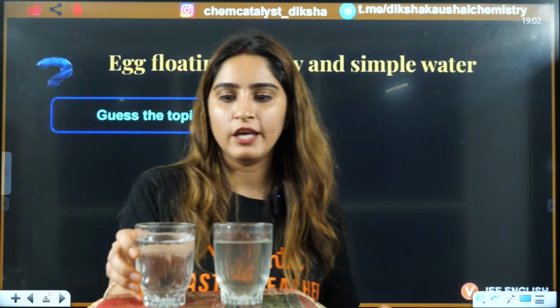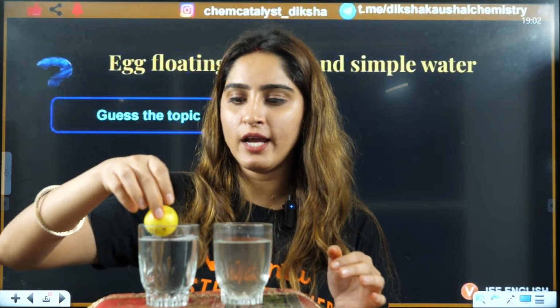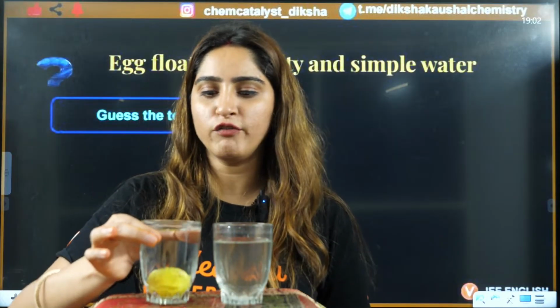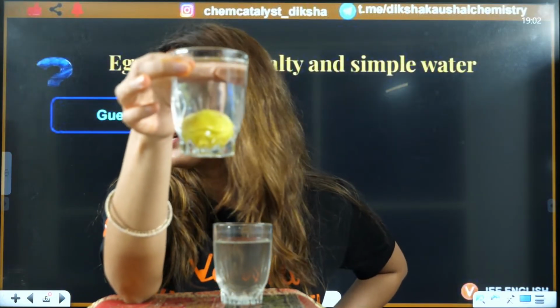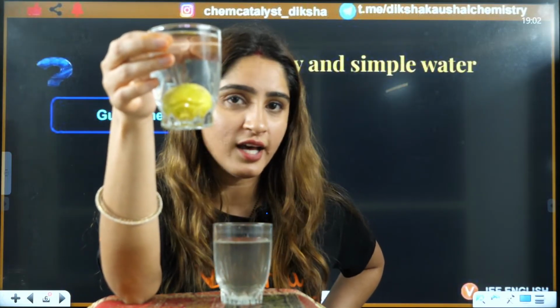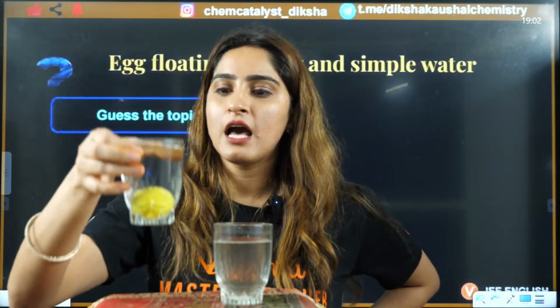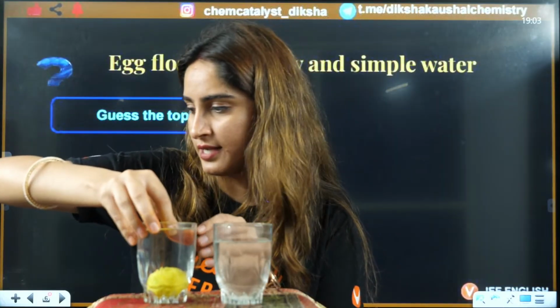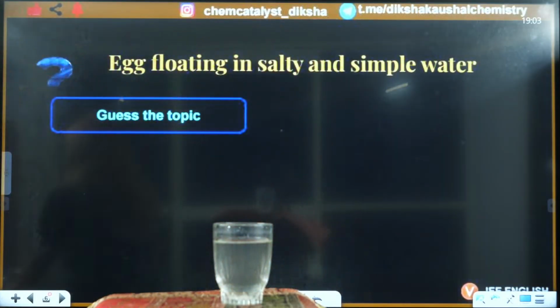Now, if you see, this is Nimbu. If I drop it here, is it floating, guys? Na, na, na. Now I'll just take that Nimbu out. For that, definitely we need a spoon.